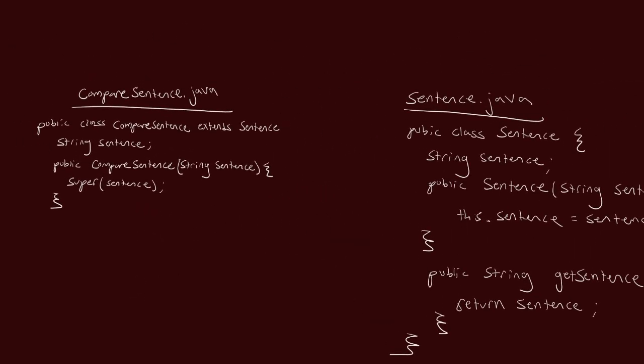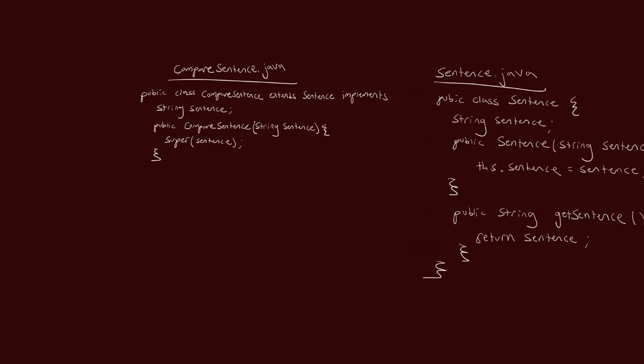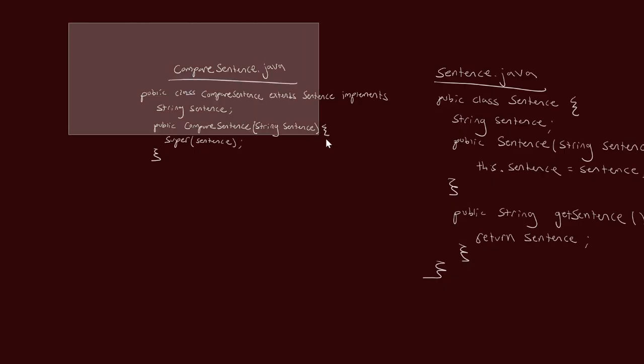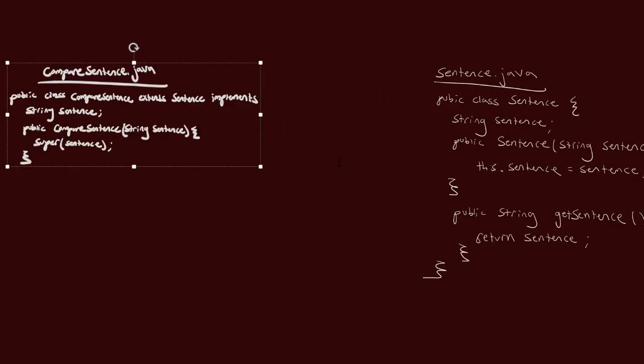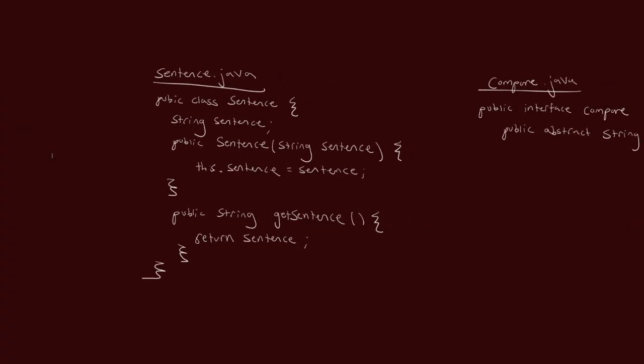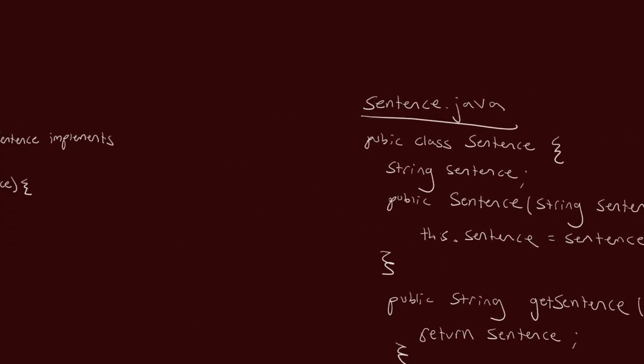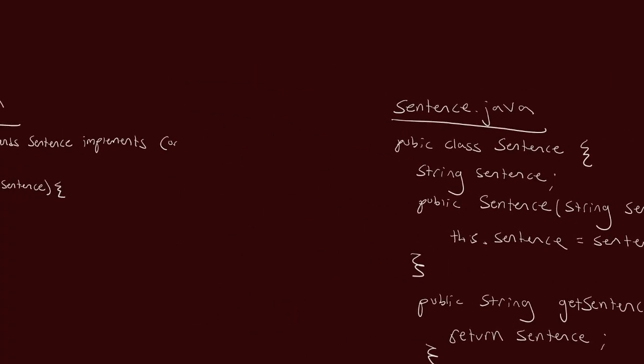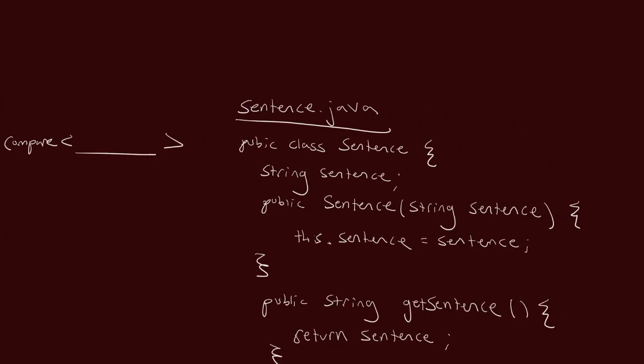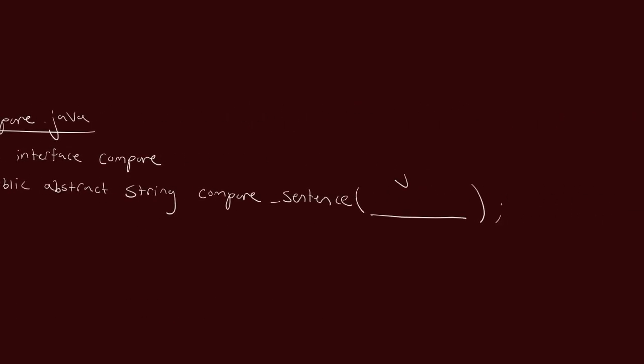So what we have to do here is do implement. Let me move this to the left a bit. So the interface name is compare. Then we have to put something in here, and whatever is in there is pretty much going to be what we put in here, and we also have to include it in here as well.